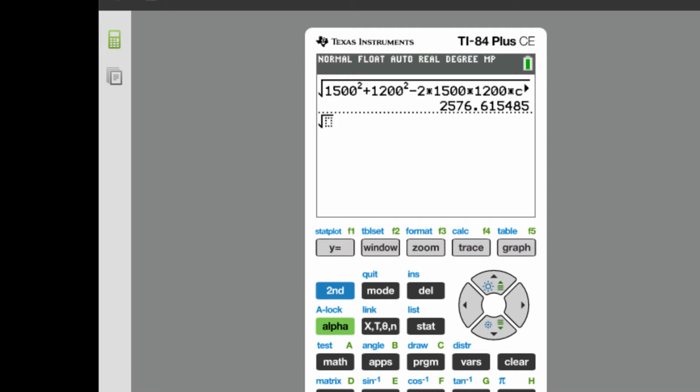Notice how nice that is. I just have to now enter 120 squared plus 84 squared minus 2 times 120 times 84 times cosine of 60 degrees.